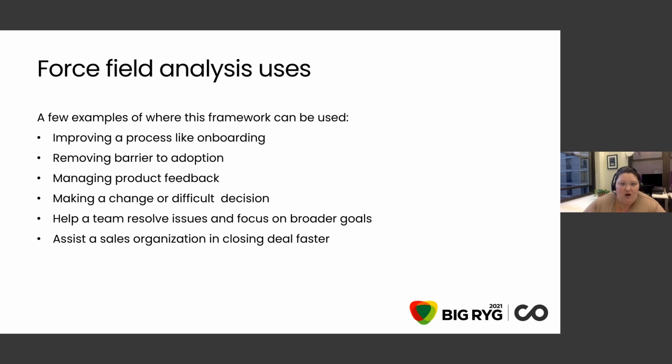If it's important to drive greater adoption, or to reduce time to value, or whatever it is that's important to you as a CS team and as a business, thinking about the product feedback through that lens and using that force field analysis can help you prioritize what's important to act on with the product feedback.